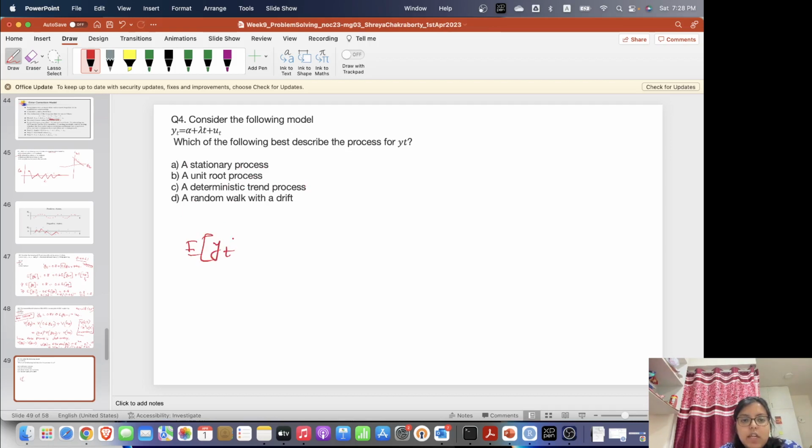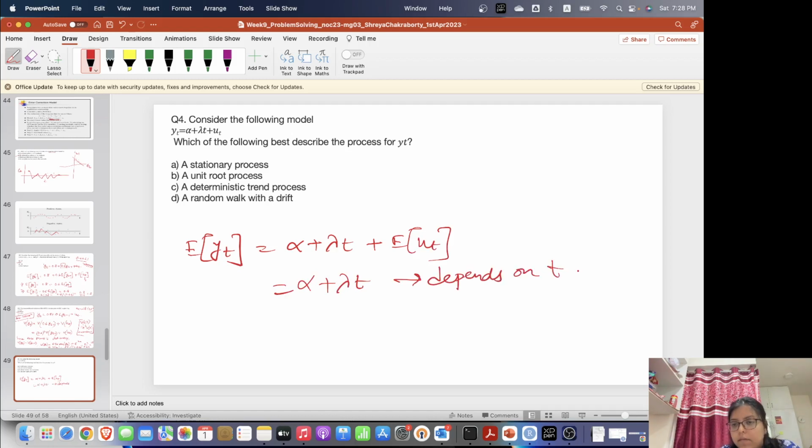First we are going to check that. Expectation of yt equal to alpha plus lambda t plus expectation of ut, equal to alpha plus lambda t. This depends on t, therefore not stationary. Is it clear? So this is not stationary.